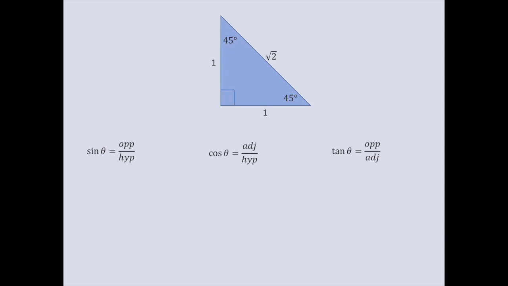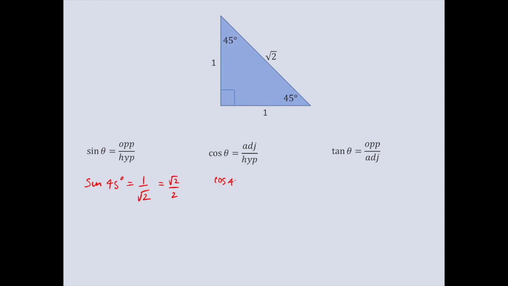So again, we can do a similar kind of thing. We can say that sine theta is opposite over hypotenuse, so sine 45 will be 1 over root 2. Now you could, if you wanted to, rationalise the denominator. That's the same thing as root 2 over 2. Let's look at cos.